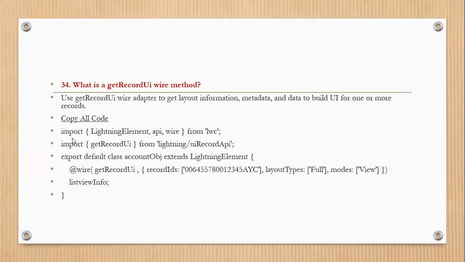Copy all the code: import LightningElement, api, wire from lwc, import getRecordUi from lightning/uiRecordApi. Export default class AccountObject extends LightningElement, wire getRecordUi with recordIds, layoutTypes Full, modes View, list view info.